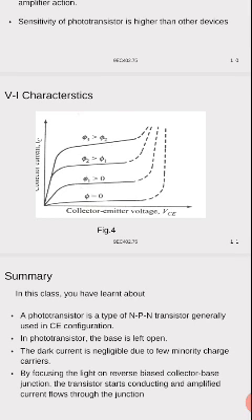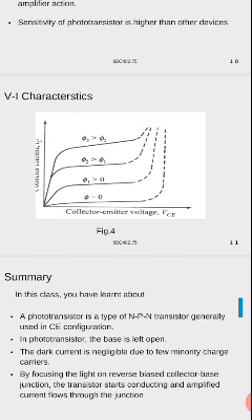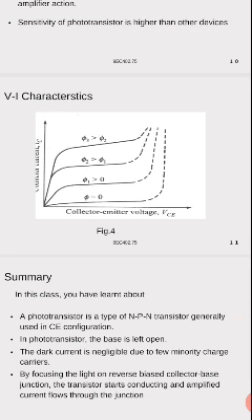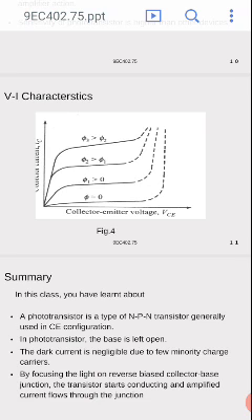In this class, you have learnt about a phototransistor is a type of NPN transistor generally used in CE configuration. In phototransistor, base is left open.